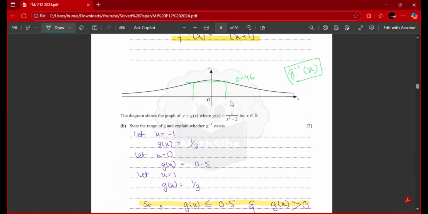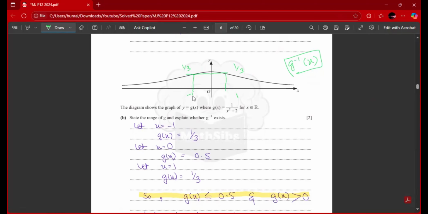Okay, let's not take 0.4. Let's take 1 over 3 here. 1 over 3 here. This is negative 1, this is positive 1. Okay, why? So you see, I have different input values, minus 1 and positive 1. They are different inputs.